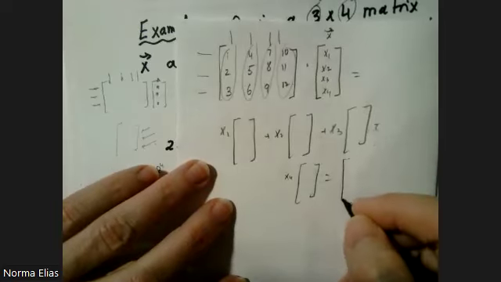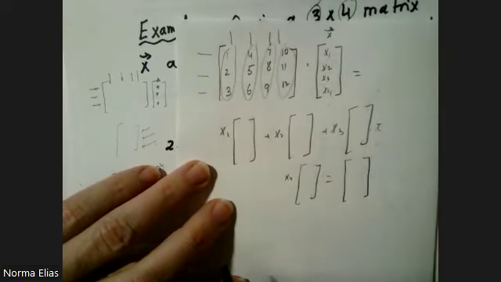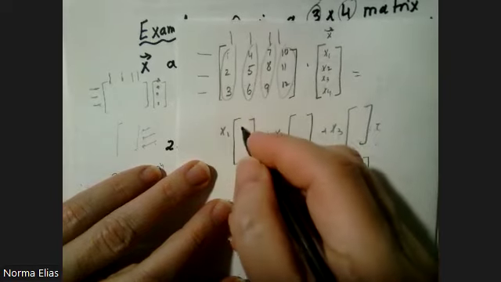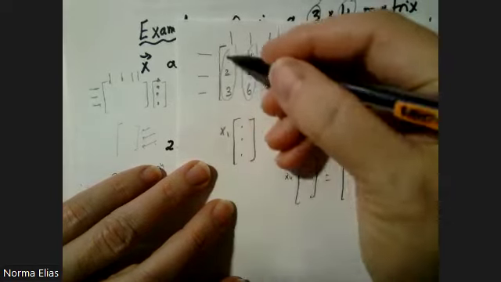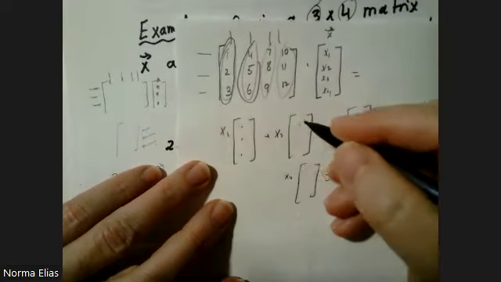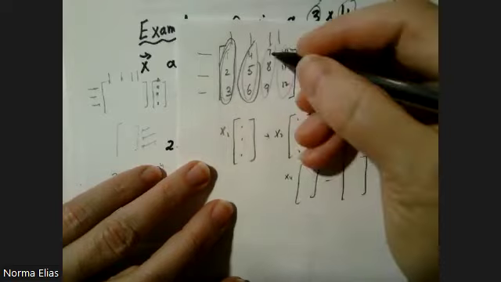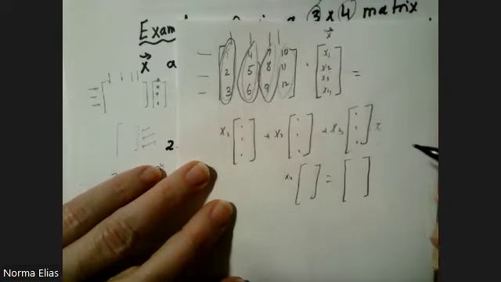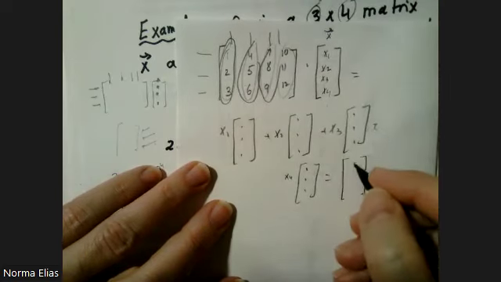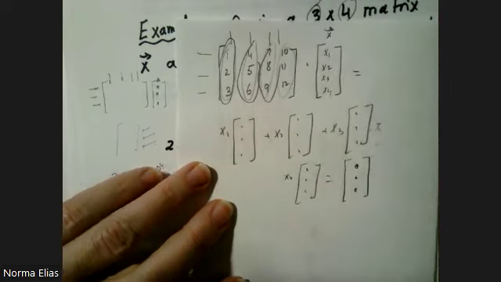The resulting one, how many entries is it going to have? 1, 2, 3, this has 3 entries because it is a linear combination of those. This one has 3 entries, because each one of them has 3 entries. So when I add them, I'm going to have 3 entries.